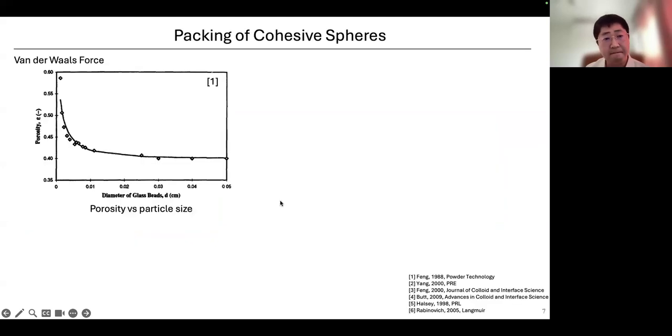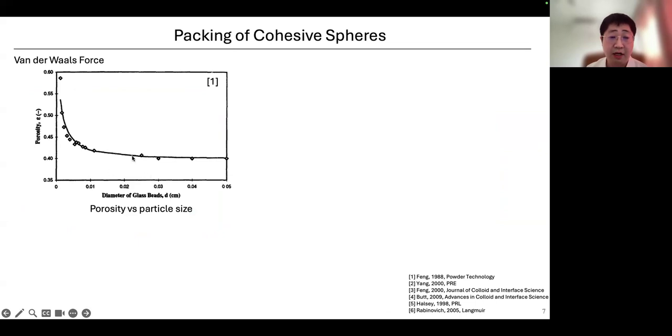And then if we decrease the size of the particle, here it's a pretty old study looking at the porosity as a function of diameter of glass beads. So it's in centimeters. Basically here we are looking at 0.1 millimeter or 100 microns, 200 microns, 300 microns. We can see that in the vertical axis, we have the porosity.